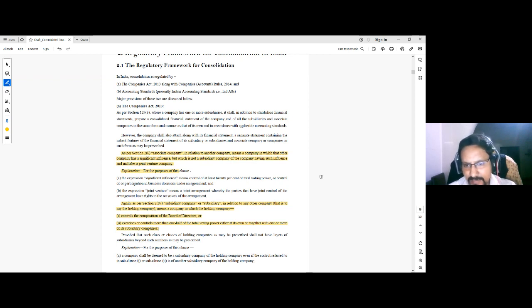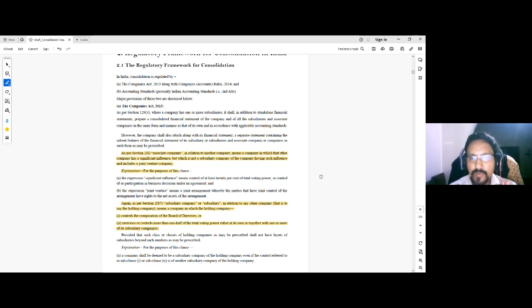If in that jointly controlled entity, A Limited as well as B Limited have the right to the net assets of that new entity, then A Limited and B Limited will be said to be the parent companies, and that jointly arranged company will be known as the joint venture.